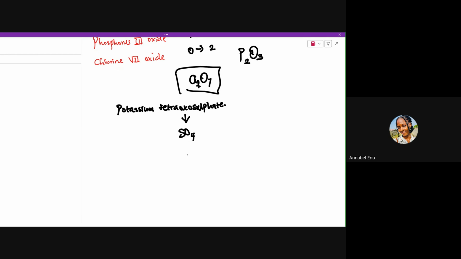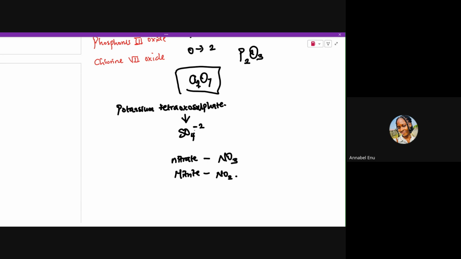Then if you see something like nitrate, it is NO3. Nitrite is NO2 and so on. So for this one, we already know that tetraoxosulfate is SO4, and the charge that it is carrying is -2.